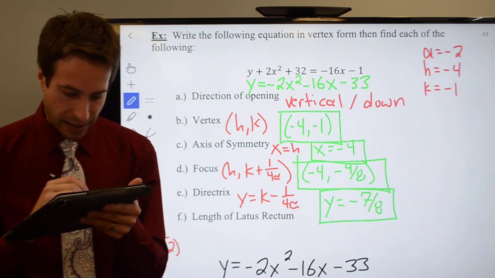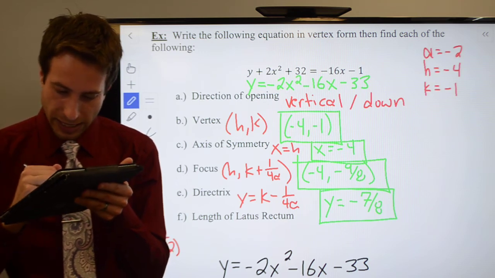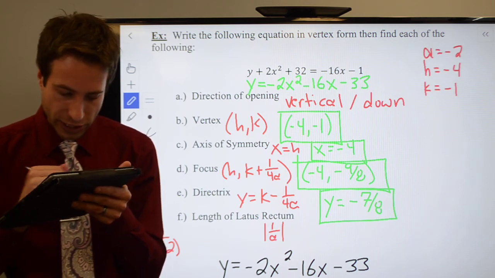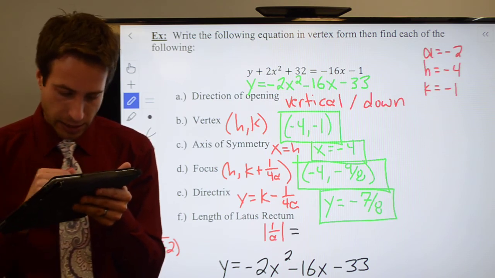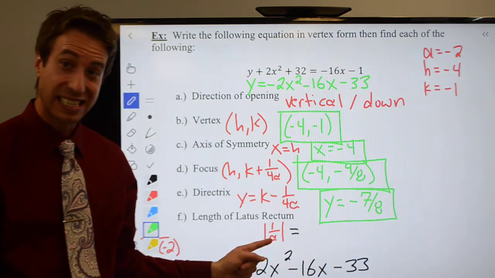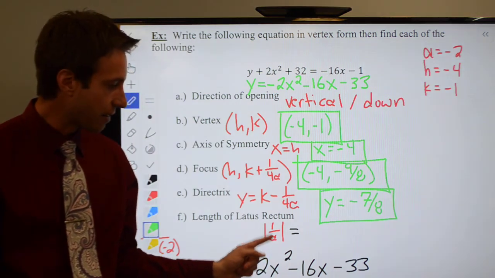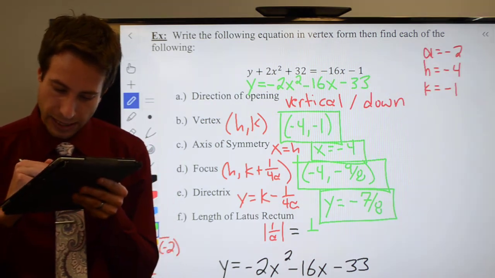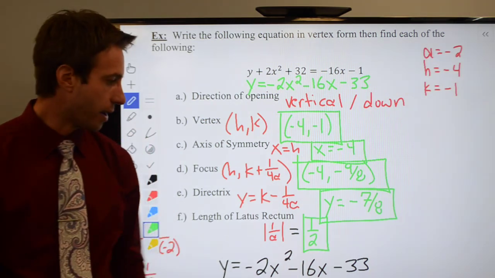And then the length of the latus rectum, remember the latus rectum is the absolute value of 1 over a, which for us is going to turn out to be, remember my a is a negative 2. So I wind up with negative 1/2, but I take the absolute value, I still get positive 1/2. That's why we take the absolute value.